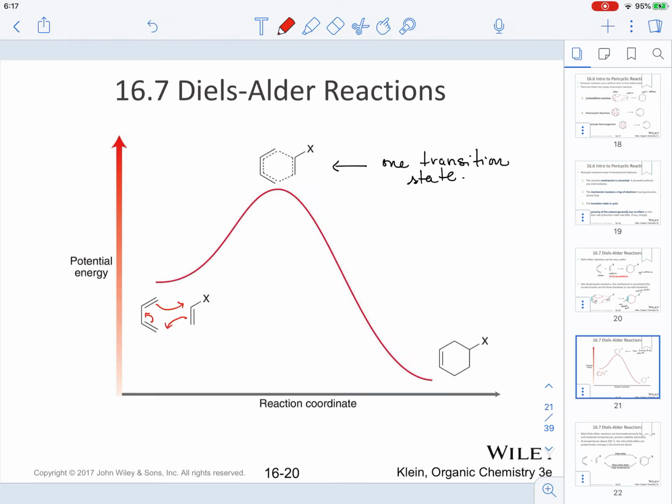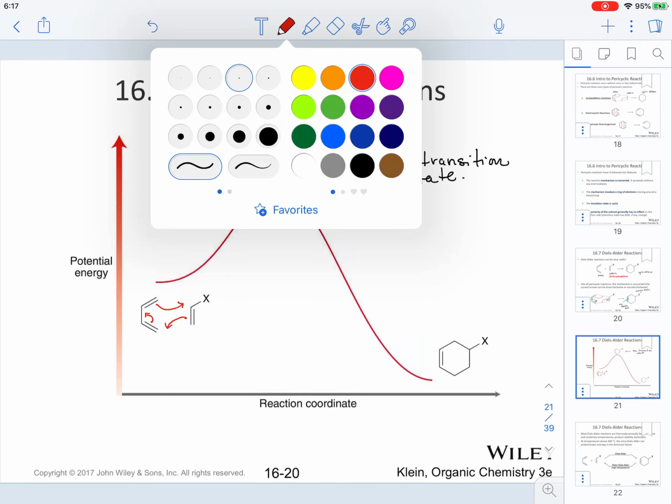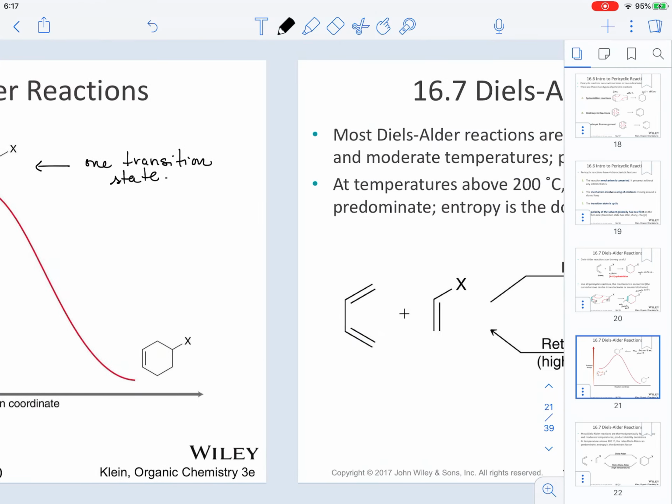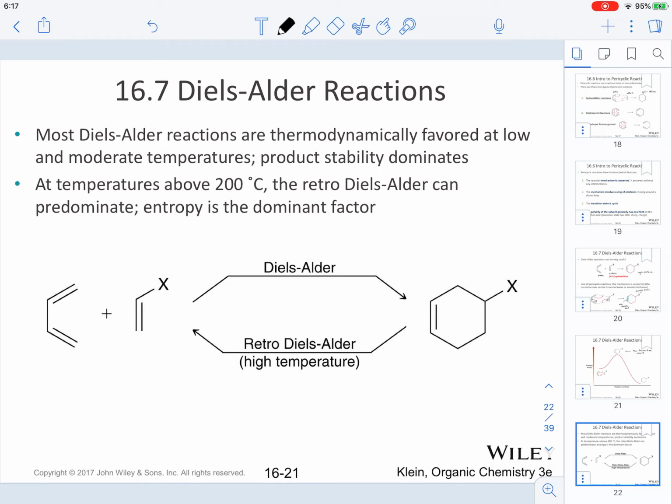So that's why when we look at the energy diagram, we only have a single peak designated to the transition state for the reaction. Now, understand that when we have these Diels-Alder reactions, most of them are thermodynamically favored at low and moderate temperatures, okay?